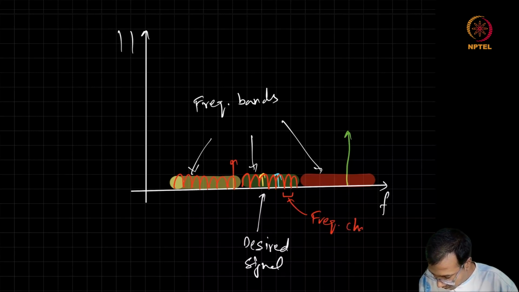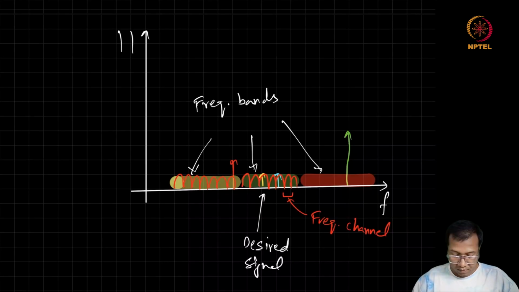And here you have the frequency channel. Now you can easily see that the design of the receiver can become really complex because it may be receiving signals from different frequency bands, but at the same time its desired signal can be much weaker compared to the signals present in the other frequency channels or other frequency bands.